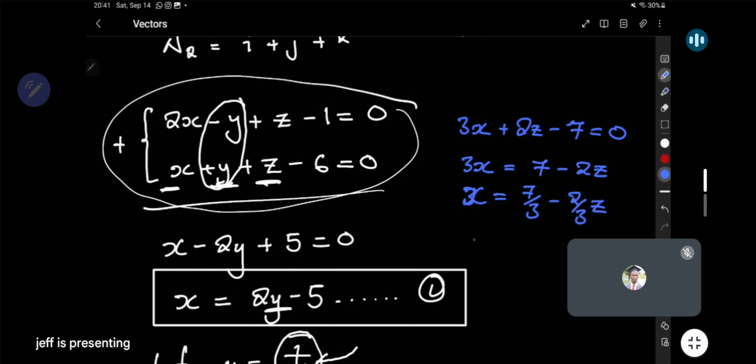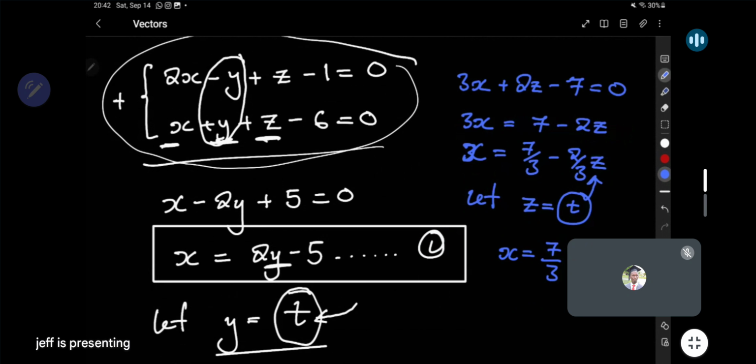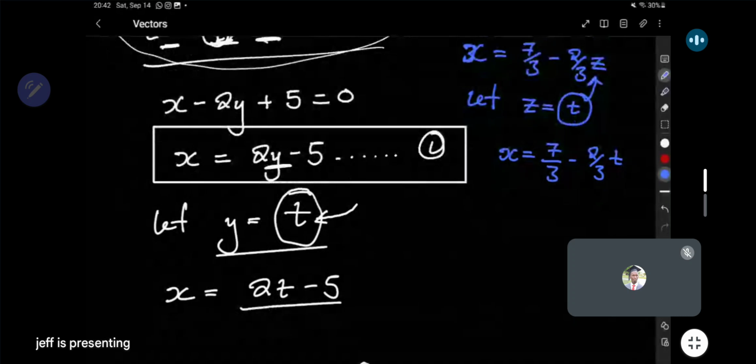Then from here, we would have said, let z be equal to the parameter t, so where there's z, we put t. So the first parametric expression for x would have been in this form, with a t here. This is how it would have proceeded had we decided to eliminate y instead of z.